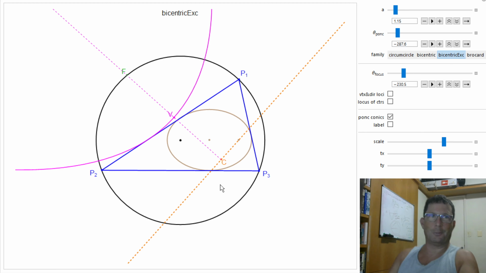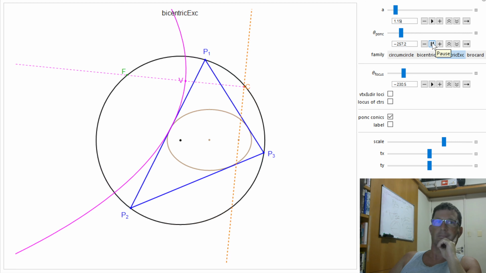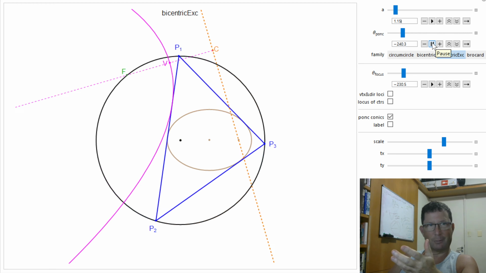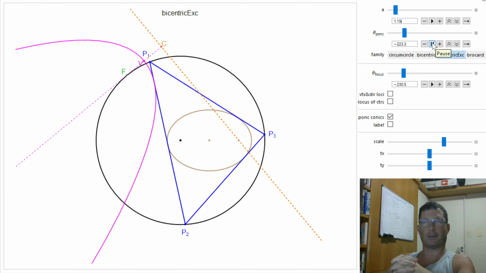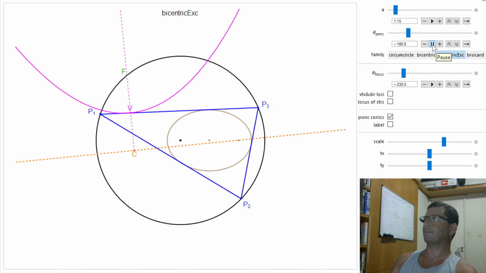Right off the bat, you see that there's some magic going on here. The directrix, this could be a coincidence, right, is passing through the other focus. What if I rotate Poncelet? Look at what's happening to that directrix. So the envelope of the directrix is the other focus of the caustic. Very strange, right?